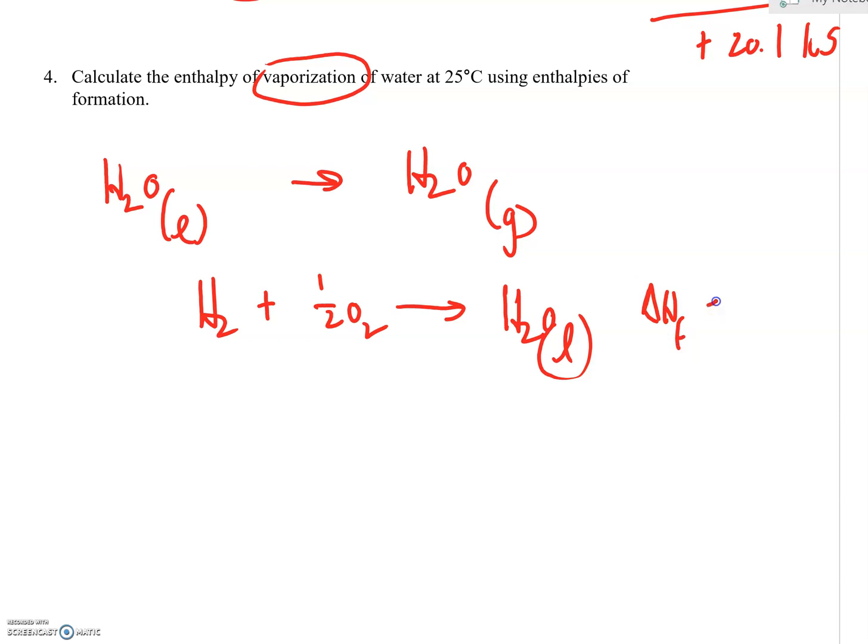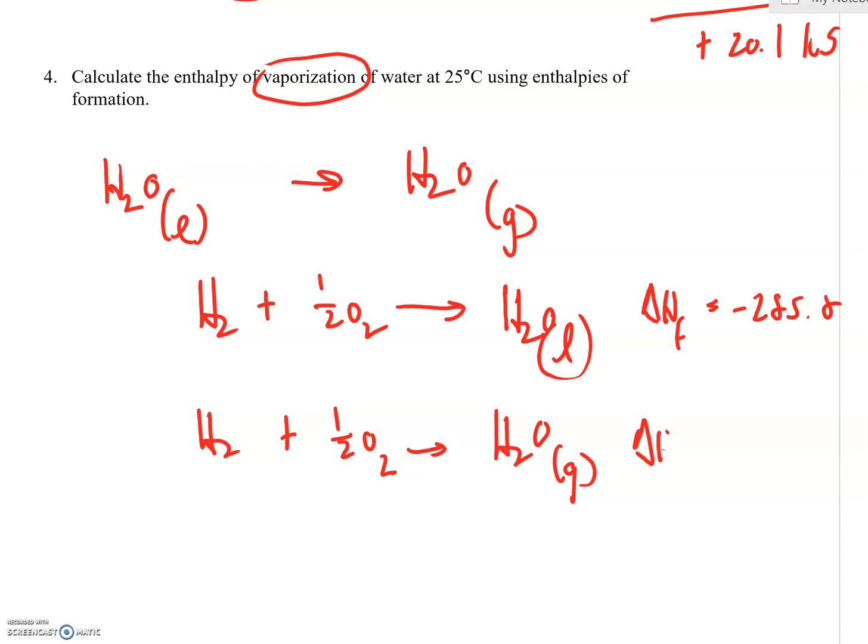Delta HF is negative 285.8. You want to make water vapor? Well, you're going to need an H2 and 1/2 of an O2. According to the table, that's going to give off 241.8 kilojoules.